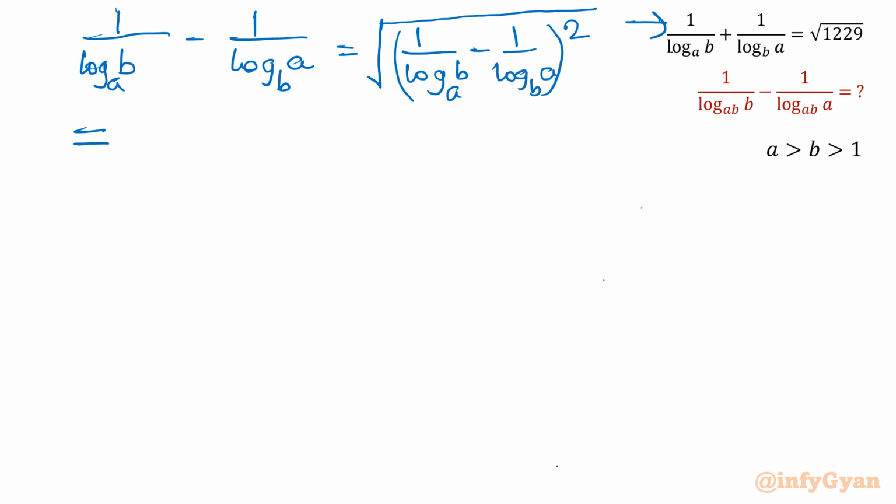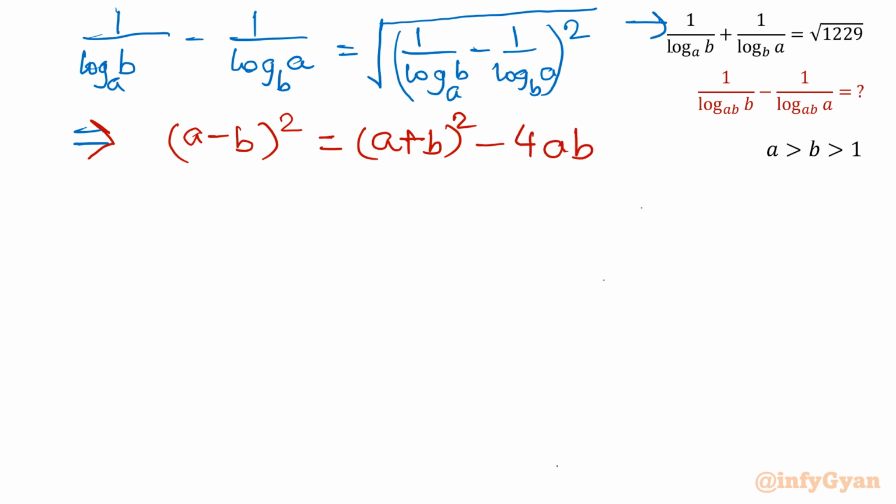Now you can see one algebraic identity, which states that if a minus b whole square is there, then we can think about a plus b whole square minus 4ab. Very useful it is. I will use this directly for this square root of a square. So it will become the square root of a plus b whole square, considering 1 over log b base a as a.